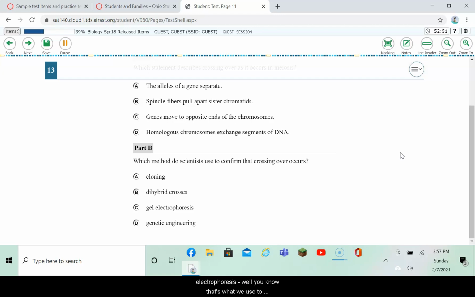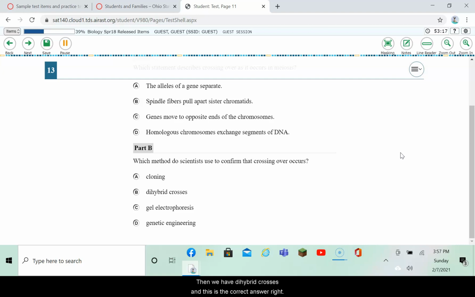Well, you know, that's what we use to separate DNA fragments and compare them to other DNA. Genetic engineering. Well, that's a set of technologies used to change the genetic makeup of a cell, including the transfer of genes within and across species boundaries. So in other words, we're putting genes from one species into another.